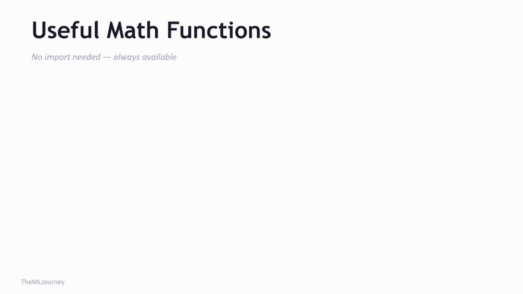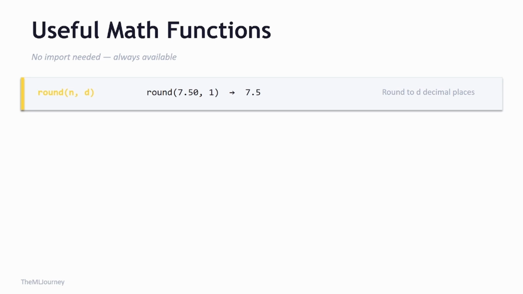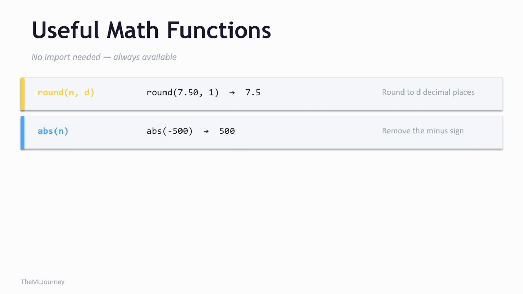We now move on to some useful math functions. We have the round. Round is used to round a number to a certain number of decimal places. We also have the abs. Abs is used to convert a number to the absolute value. That is, it takes away the negative and returns a positive number.